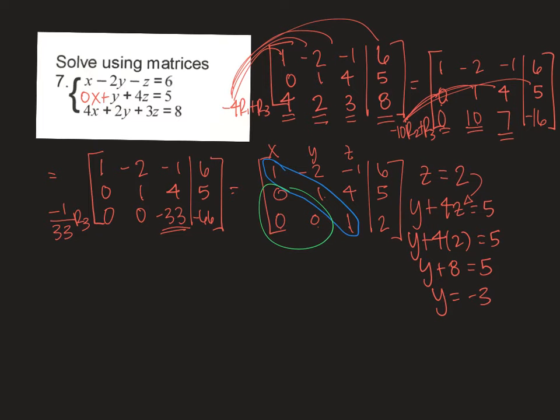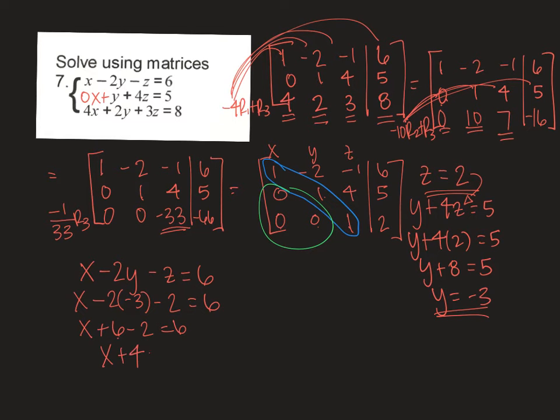And I can take that z value and that y value and plug it into my first row, which is x minus 2y minus z equals 6 to solve for x. So x minus 2 times negative 3 minus 2 equals 6. Negative 2 times negative 3 is 6, minus 2 is going to give me x plus 4.